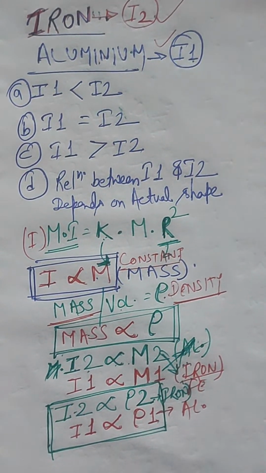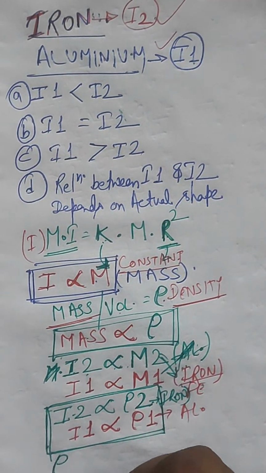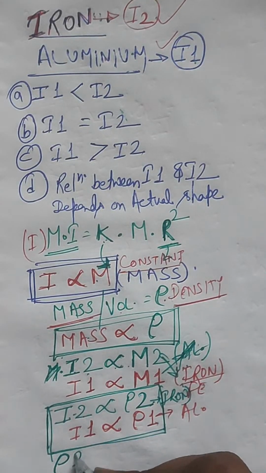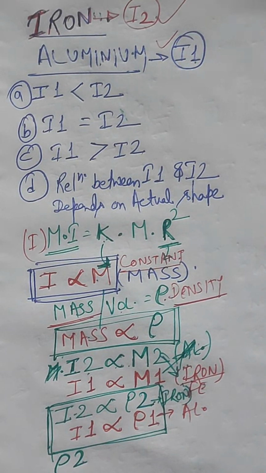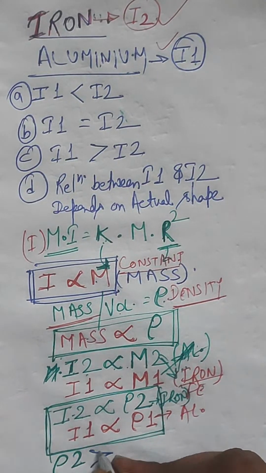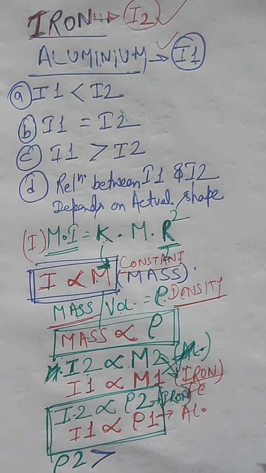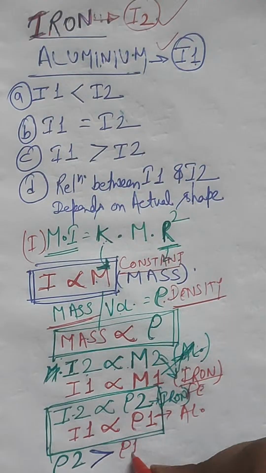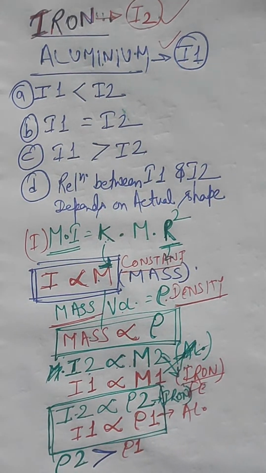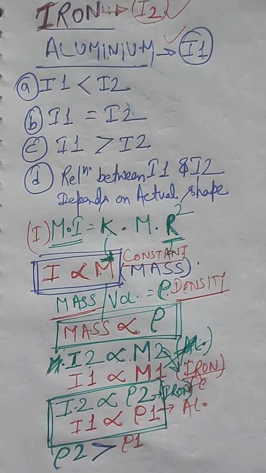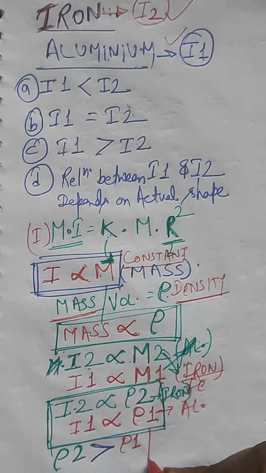So rho 2 is greater than rho 1. What does this imply?